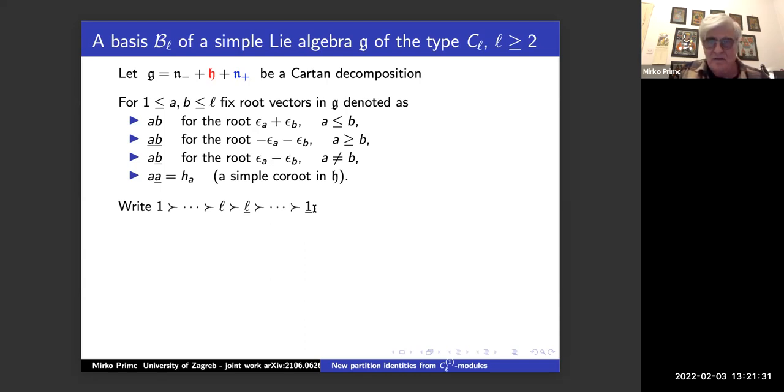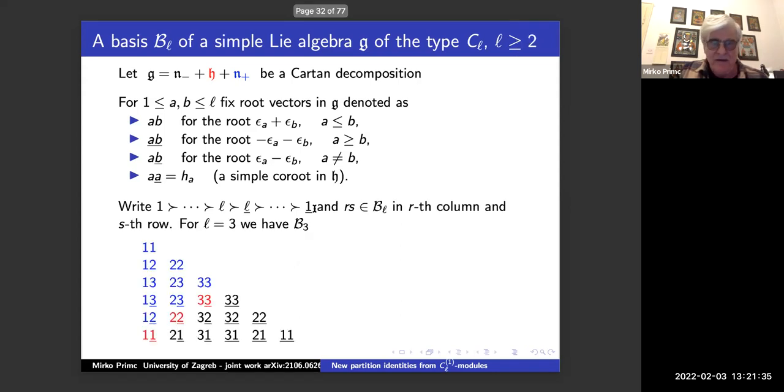And then we can arrange this basis of our simple Lie algebra of type CL into a triangle. So we start with the first column that has index 1, and we go down by this rule: 1, 2, 3, 3 underline, 2 underline, 1 underline, and so on. And we will write neatly in this triangle all these root vectors.